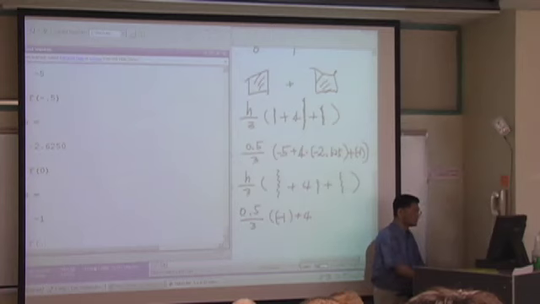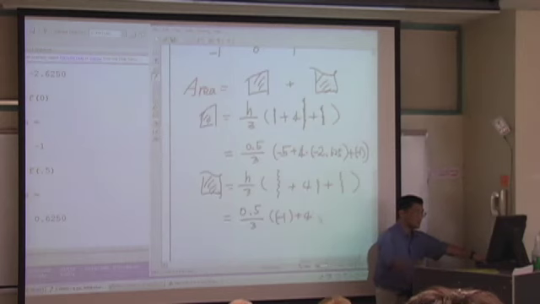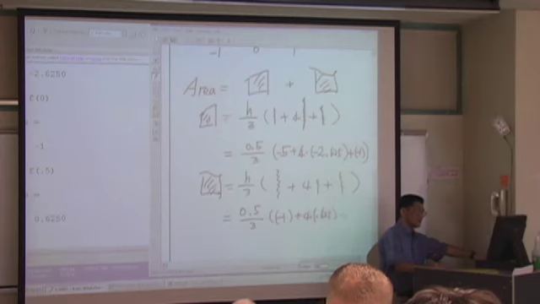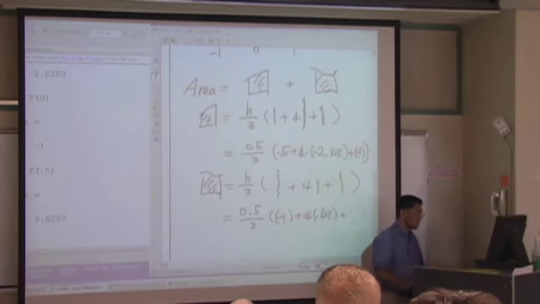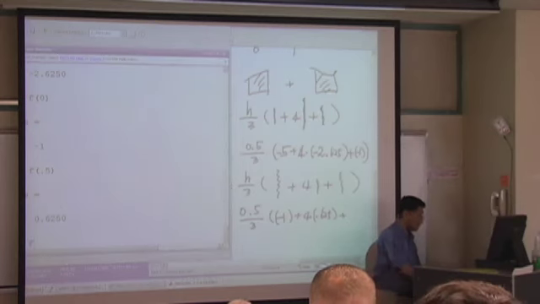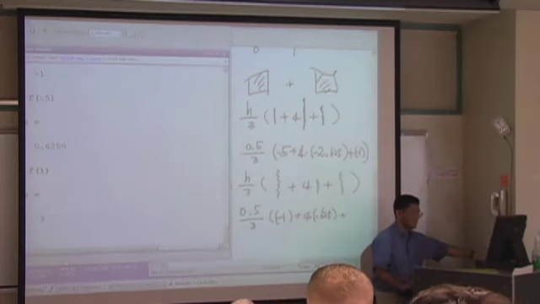F of 0.5 equals this one, right? So we use the number 0.625 plus now f of 1. F of 1 is 3.